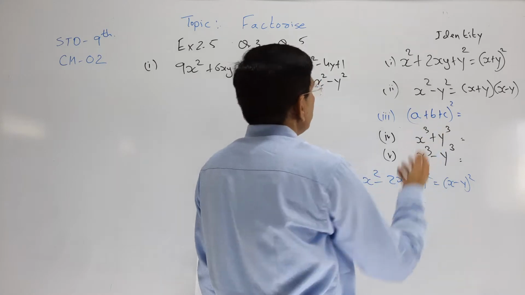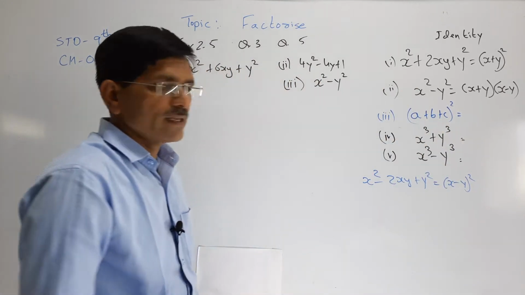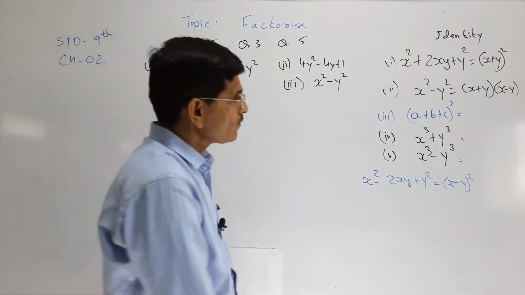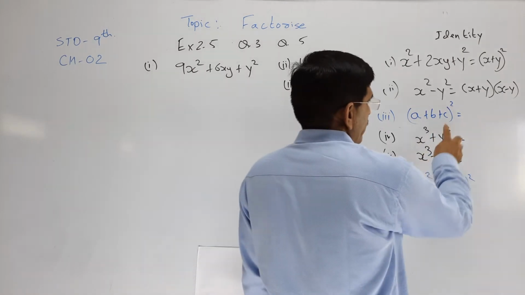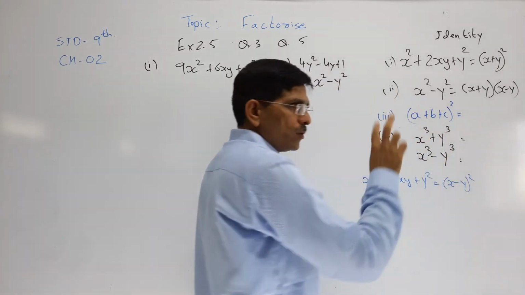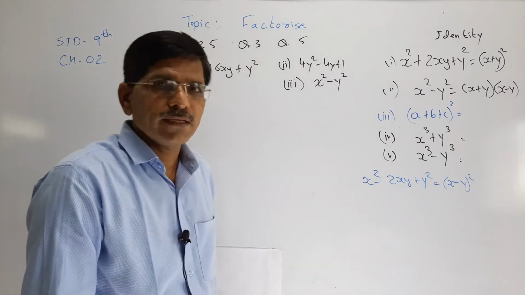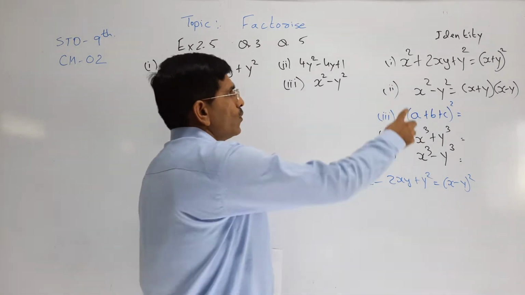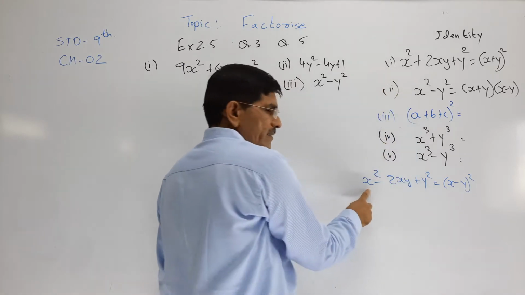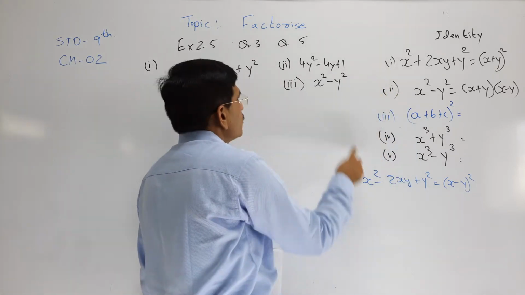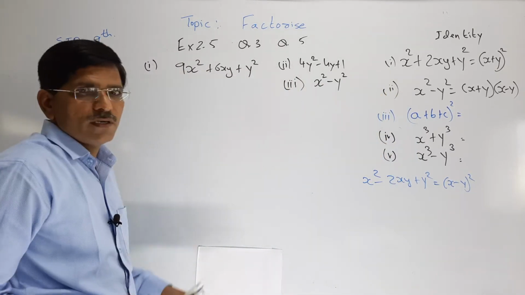When we go for that sum, we can discuss it then. And x cube plus y cube and x cube minus y cube are also identities, which we can discuss when we go for those sums. First we have to use these 3 to solve this type of sum.